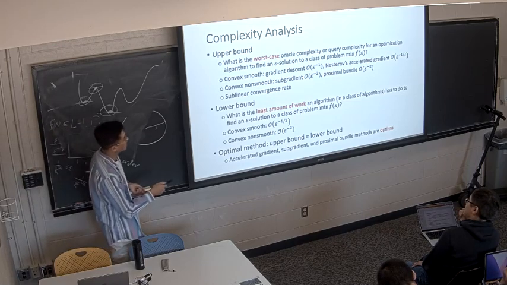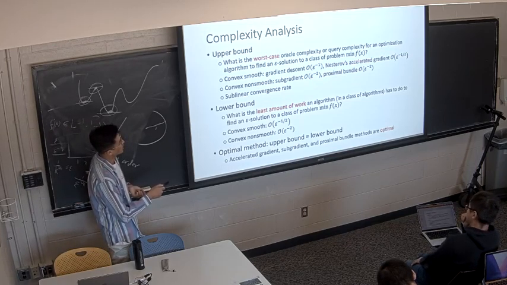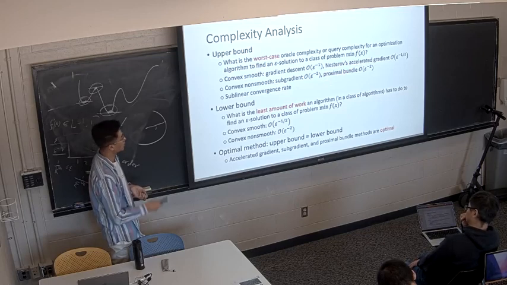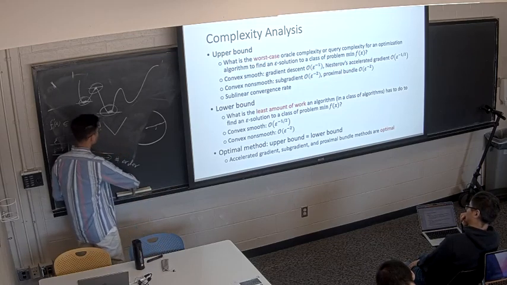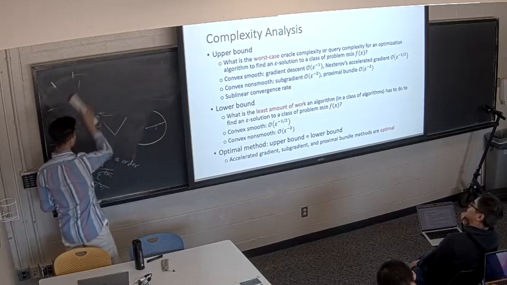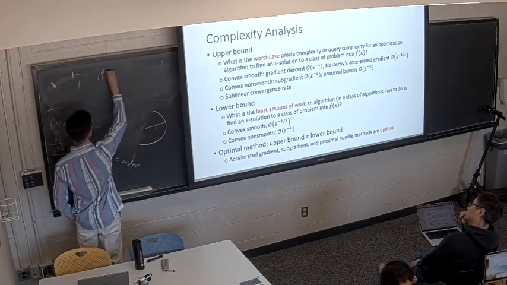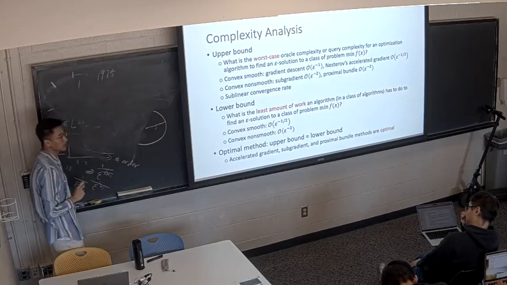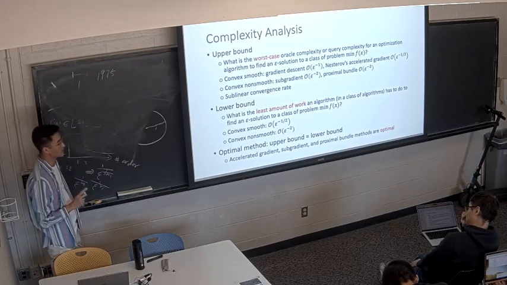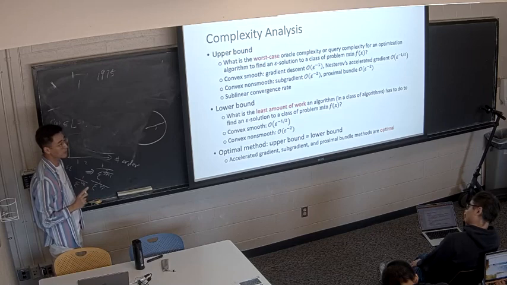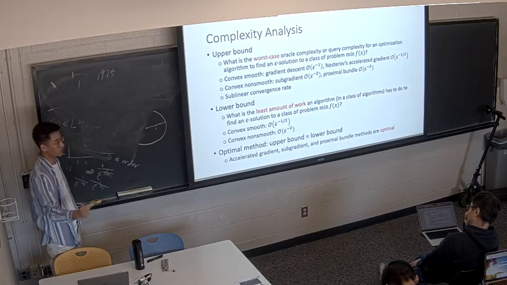And if time permits, I will also show you how we can show the proximal bundle method is optimal. The story is like this. The proximal bundle method was proposed in 1975, and at that time there was no known complexity bound for it. So people just knew it would converge in the limit.